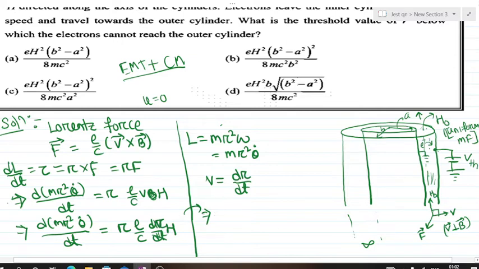Integrate both sides: m r square theta dot is equal to e by c H integration of r dr, and here the limit will be from a to r. Let us suppose r, this is our Gaussian surface, from a to r.